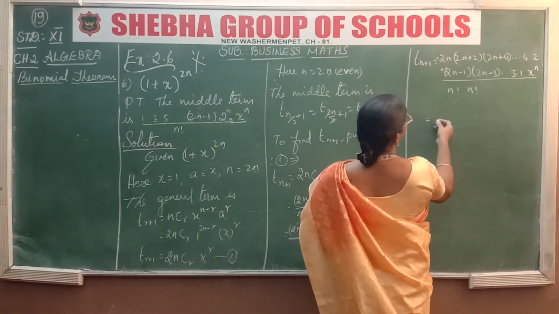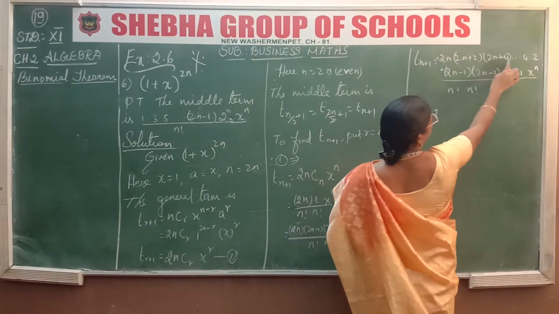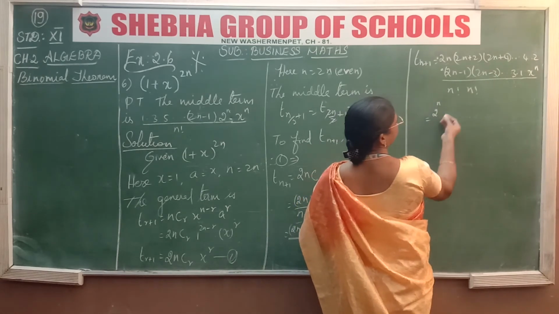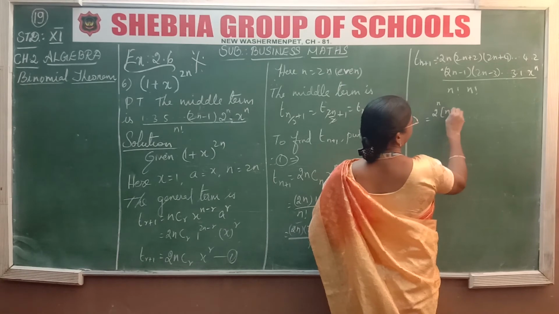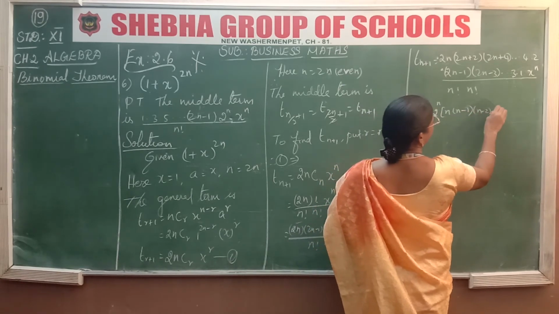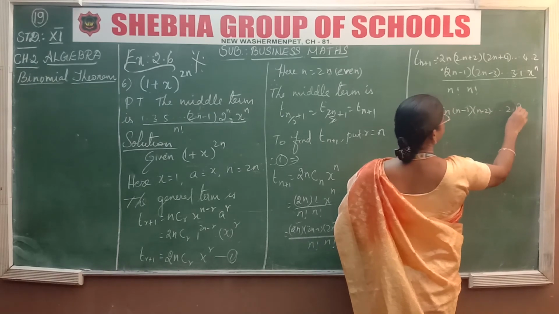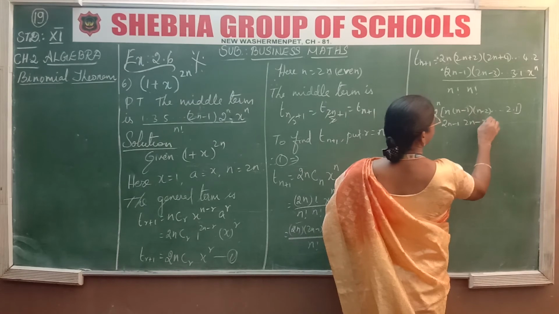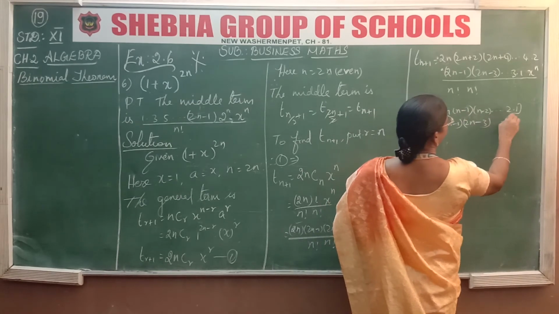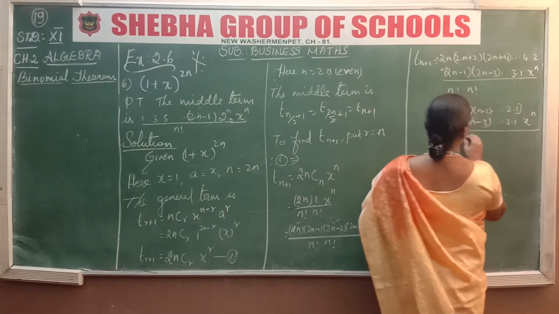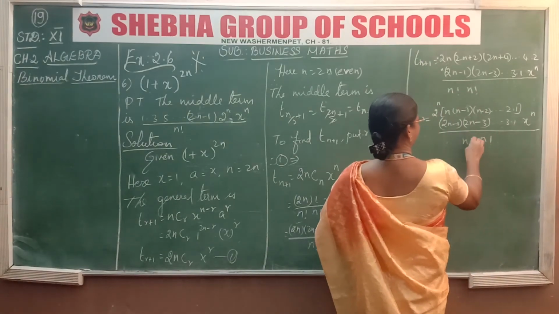Which is equal to, taking 2 outside from all the terms in the even numbers, we get 2 power n into n minus 1 into n minus 2, etc. up to 2 into 1 into 2n minus 1, 2n minus 3, etc. up to 1, into x power n by n factorial into n factorial.